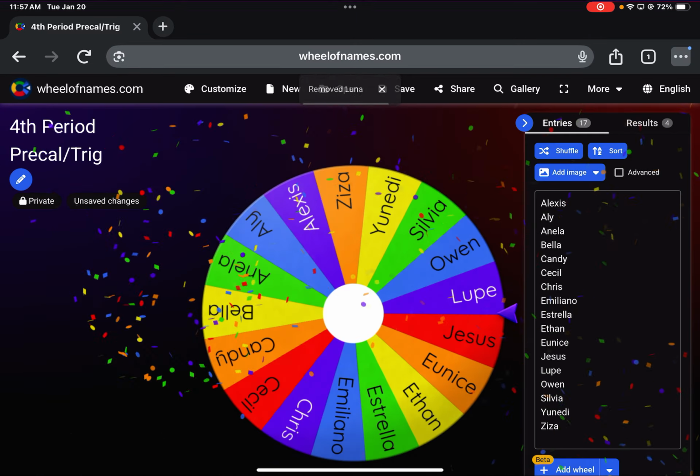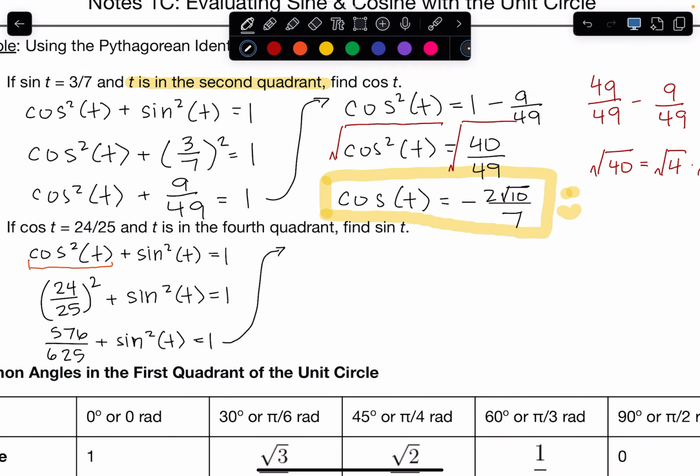Luna. Go back to our page here. What do I do next, Luna? Good. From both sides. Perfect. So sine squared t equals 1 minus 576 over 625. Very good. Perfect.